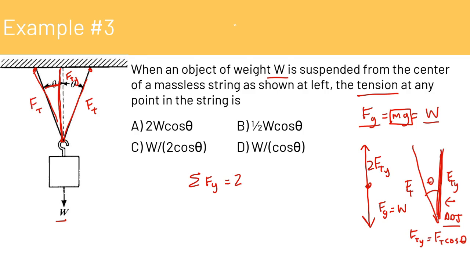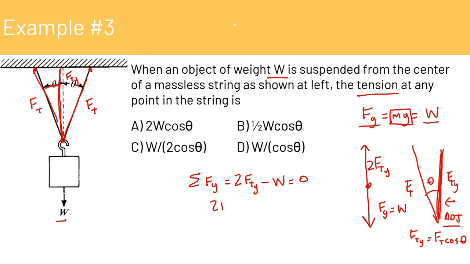So we have 2 times the force of tension in the Y direction minus our weight. And those together equal 0, because the whole thing here is at equilibrium. The mass is not accelerating, so everything is in equilibrium.